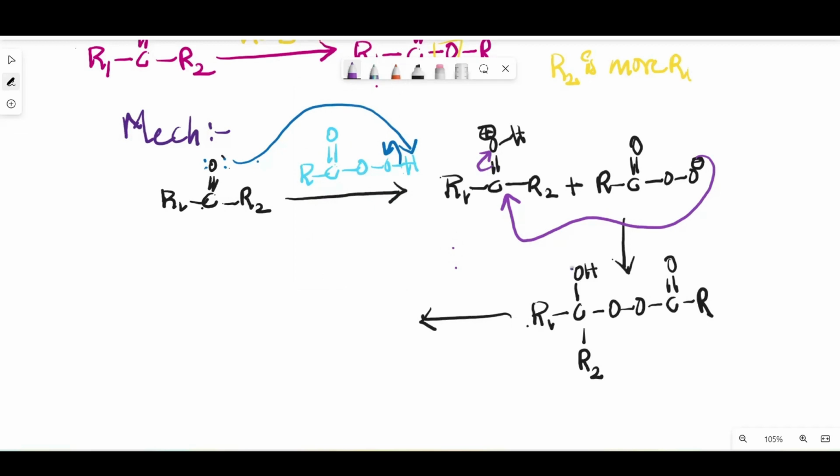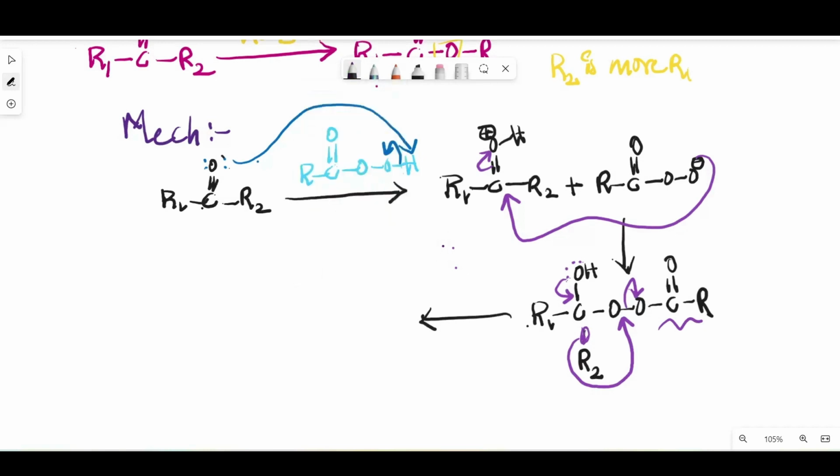See, here we have lone pairs on oxygen. So this lone pair will shift to this carbon, and this R2 group is migrated towards this oxygen, and this group will be removed.